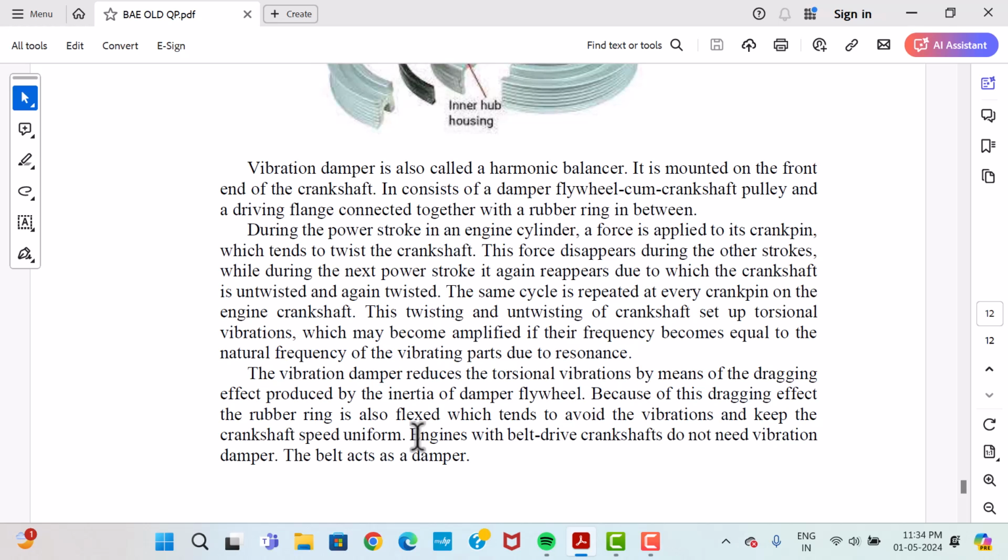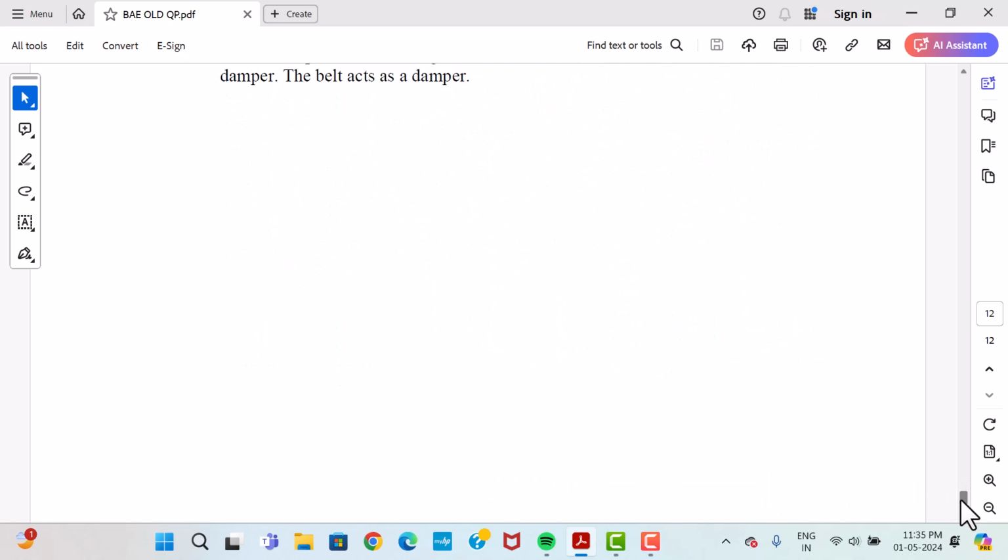We have to reduce it using dampers. Engines with a belt-driven crankshaft do not need a vibration damper, because the belt itself acts as a damper. That's all. Thank you.